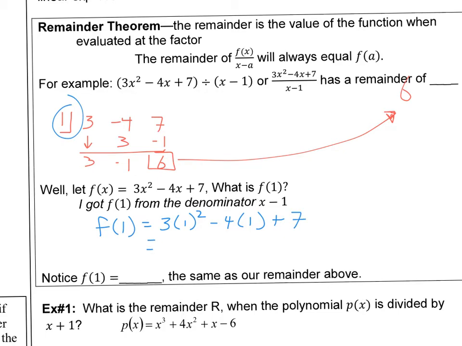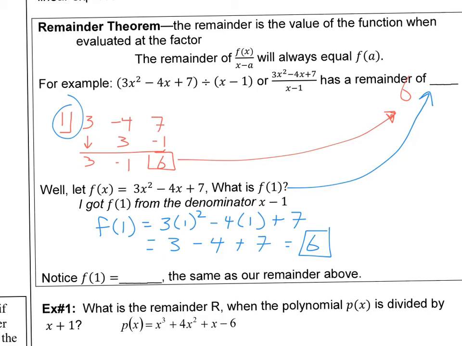This is pretty easy to evaluate. 1 squared is just 1, times 3 is 3, 4 times 1 is 4, so that's minus 4 plus 7. 3 minus 4 is negative 1. Negative 1 plus 7 is 6. And so we find out that f of 1 equals our remainder. It's the same thing.